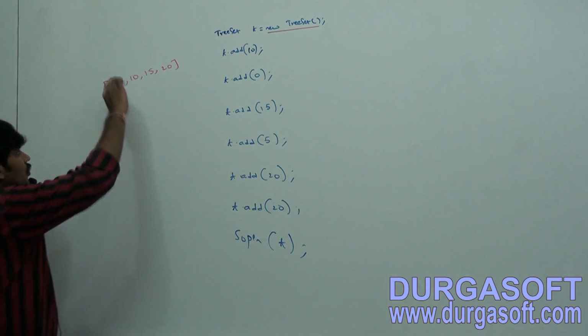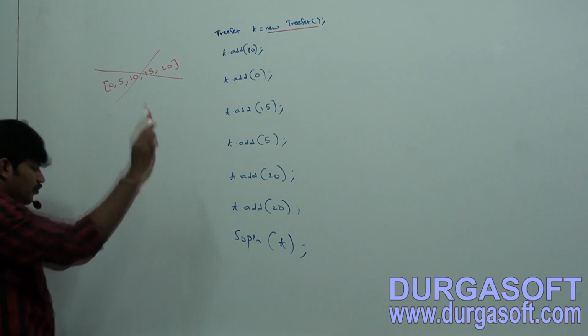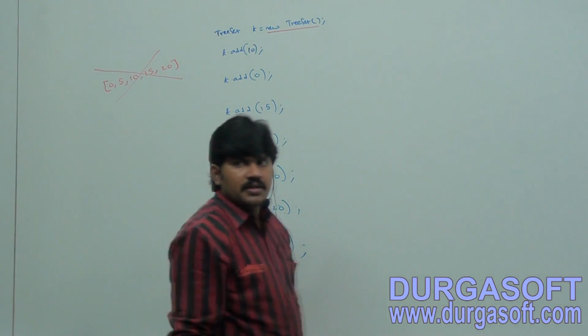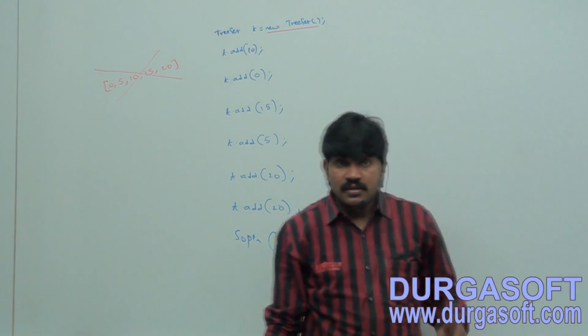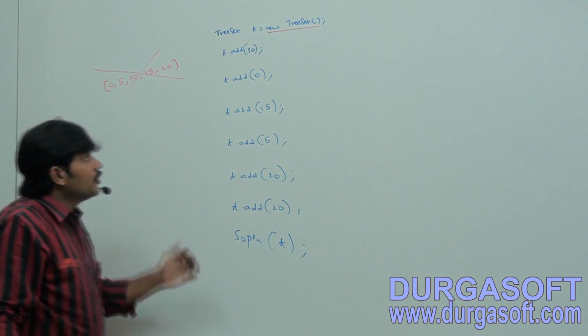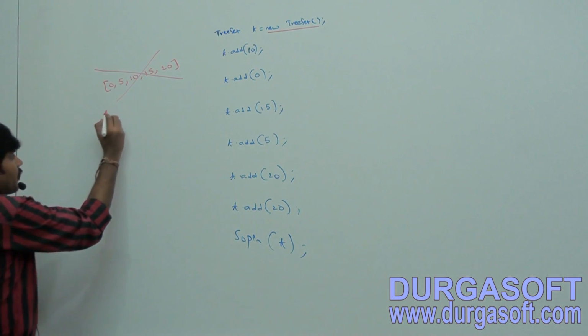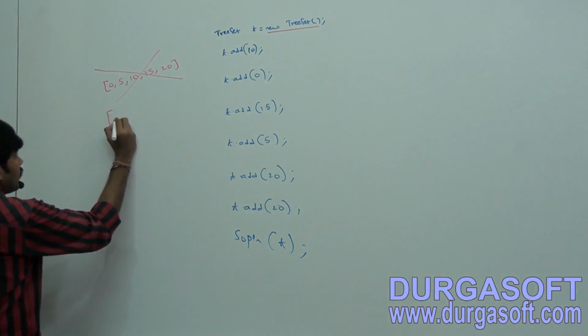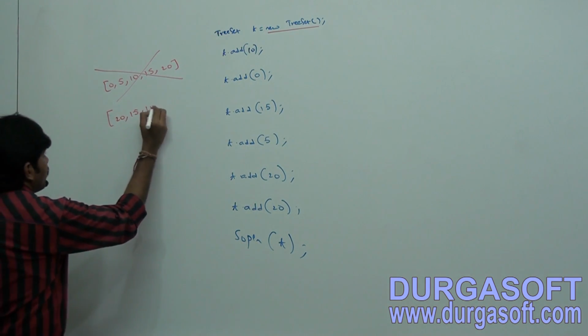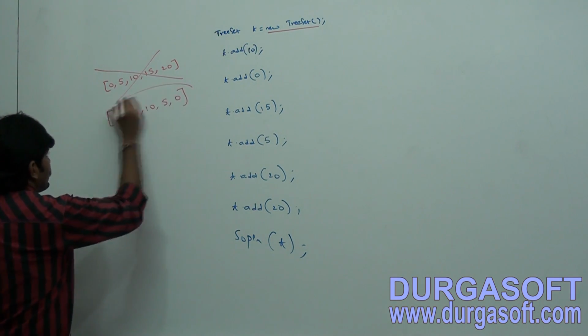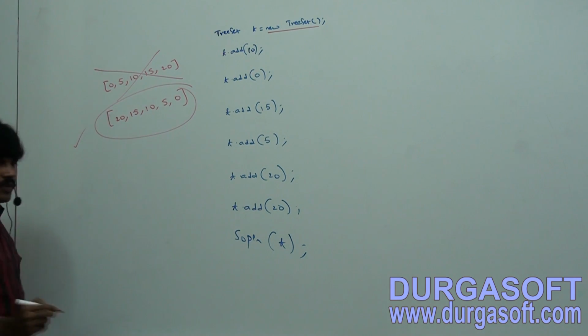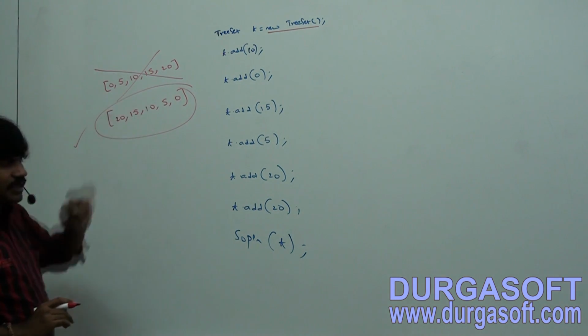Sir, I don't want this ascending order as the output. My requirement is descending order. If you want descending order, what is your expected output? 20, 15, 10, 5, 0. Like this we have to get.